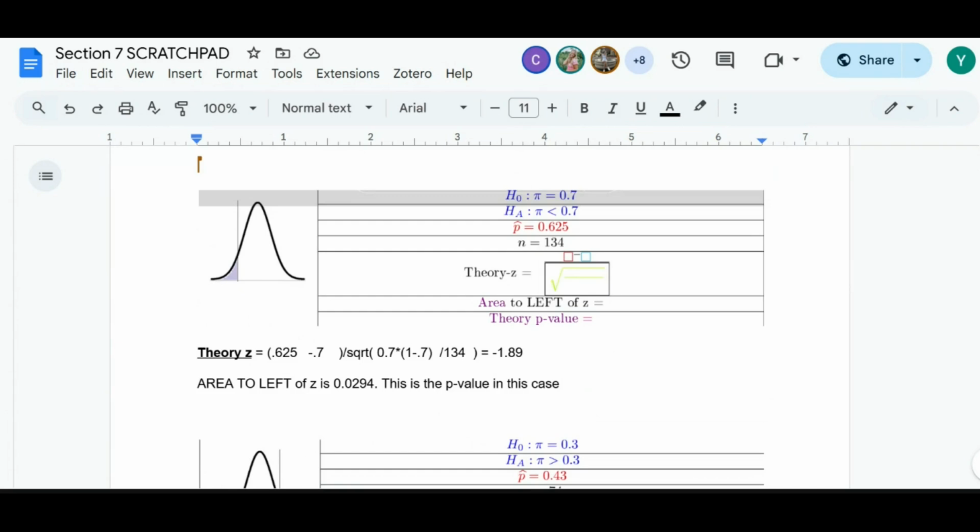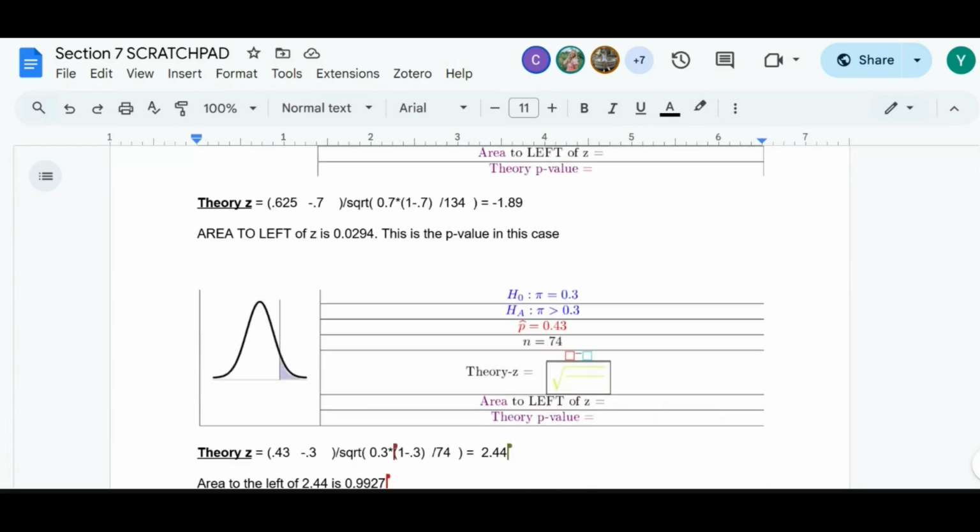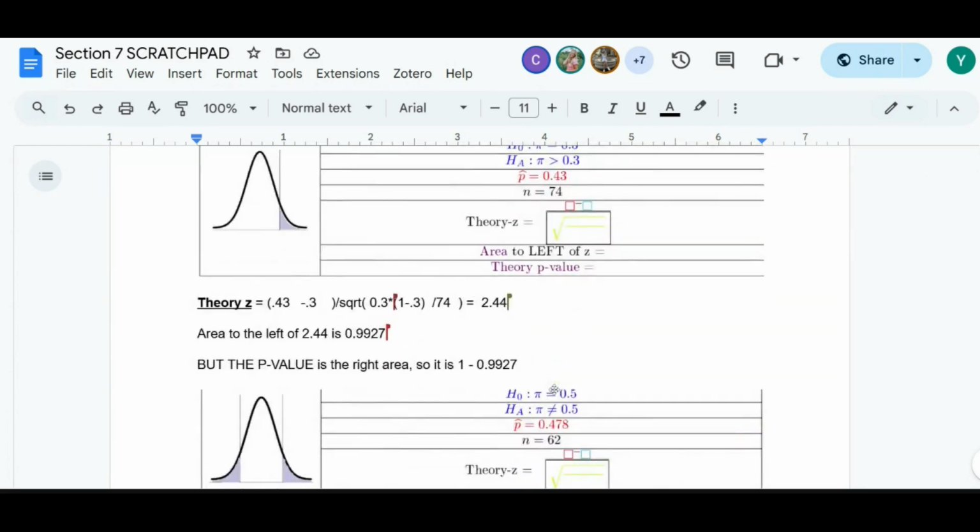That's your p-value. However, if your z turns out to be a positive number, like 2.44, then it's here. The table doesn't give you this area directly. So if you want, you can flip the sign and get the area on the other side and immediately get the answer.